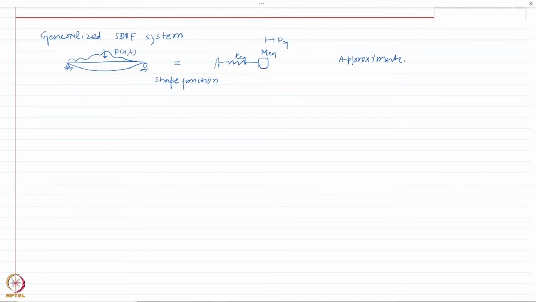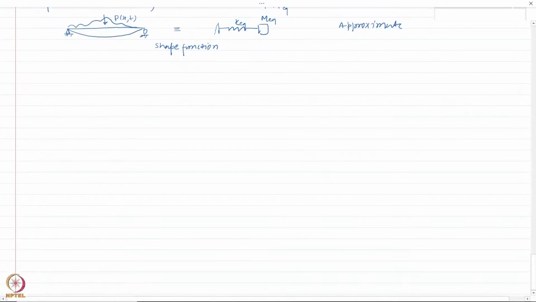The expression that we derived for M equivalent was, let me just write down, the integral of m(x) times phi(x) squared dx, integrated over the whole length of the structural element.